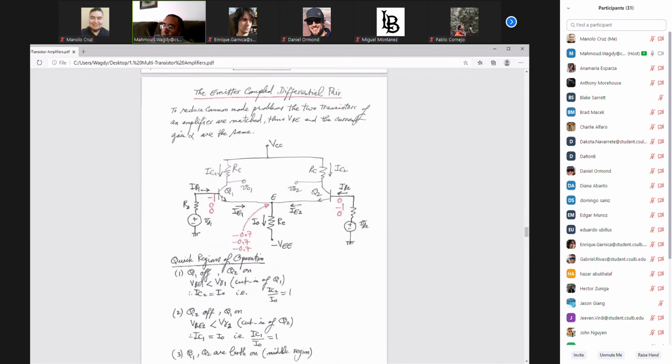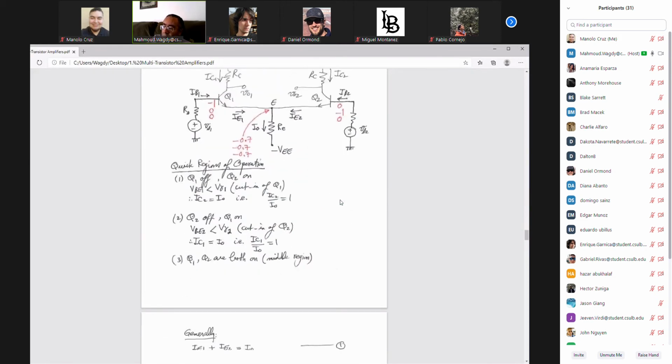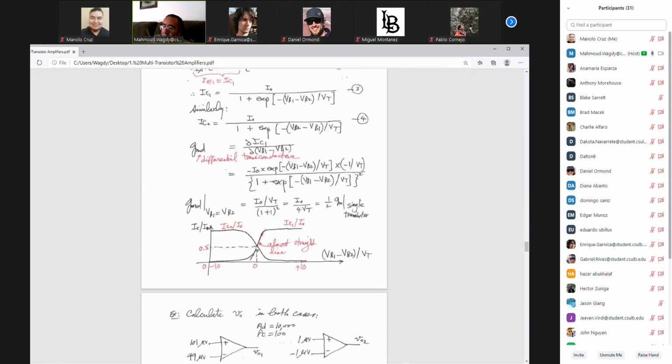When these two voltages are equal, you should expect this point, VB1 minus VB2 divided by V thermal. The input voltages are also normalized with respect to V thermal. And at that point, you get 0.5, which means 50% of the tail current goes each way.